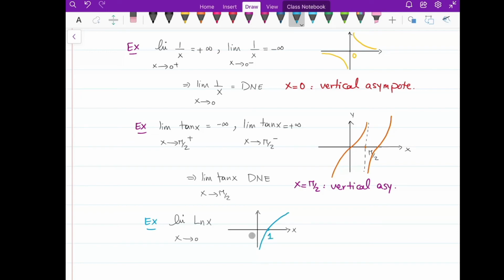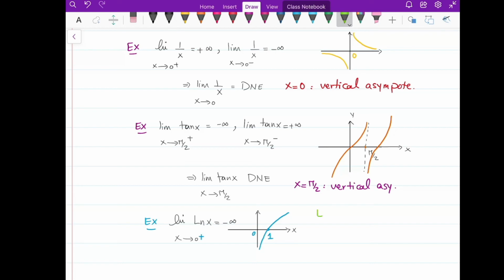As you see, the left hand side, the left of 0, is not even on the graph. It's not even in the domain of this function because the domain of natural log is where x is positive. So we cannot even say the limit of ln of x as x goes to 0 from the left because it's not even in the domain. And I just need to consider from the right, and from the right, as you see, it's negative infinity.